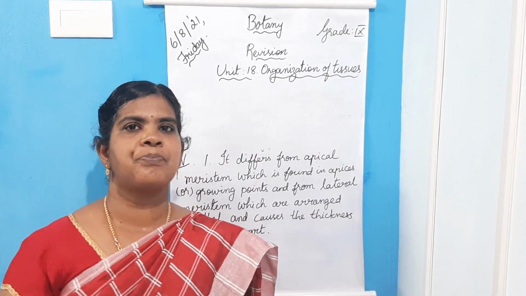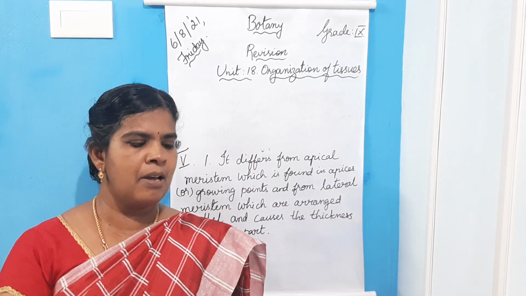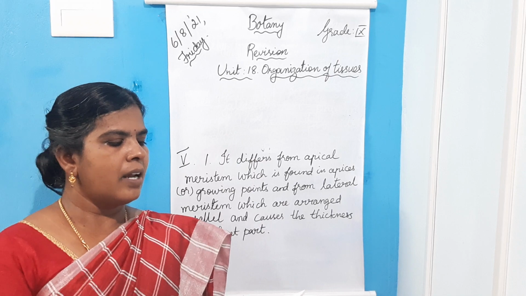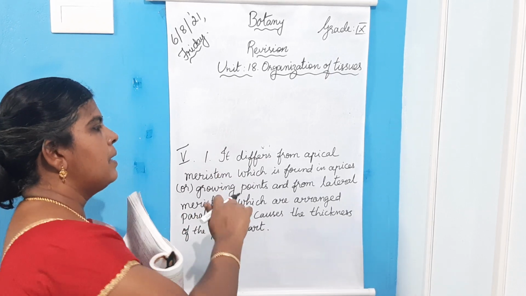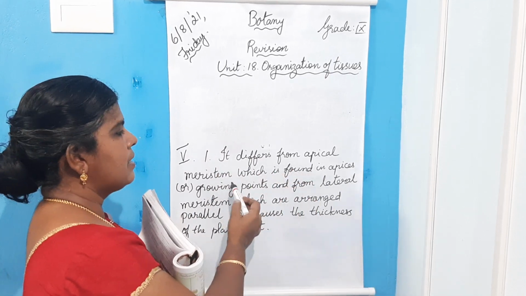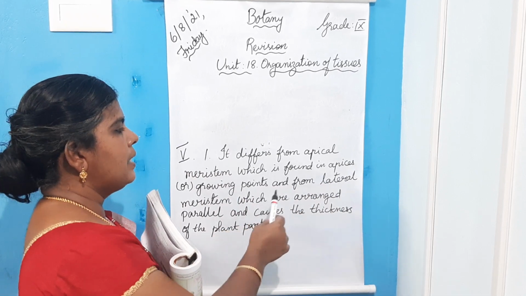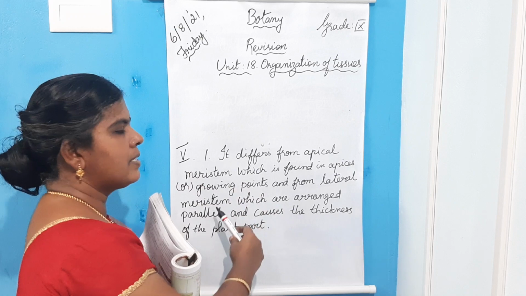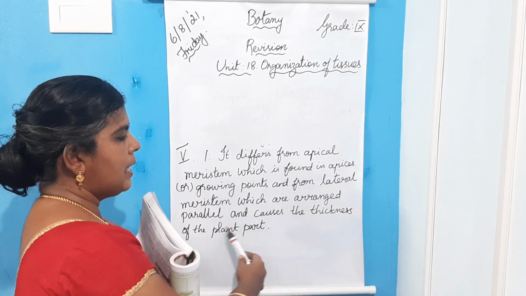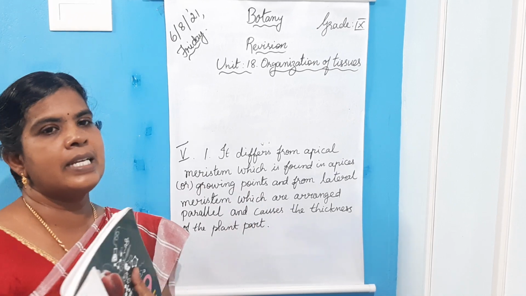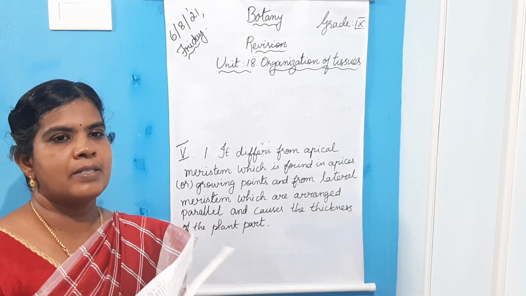Then how do they differ from other meristems? It differs from apical meristem, which is found in apices or growing points, and from lateral meristem, which is arranged parallel and causes the thickness of the plant part.